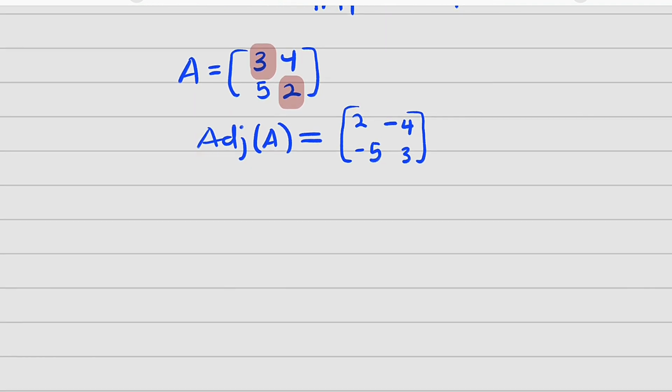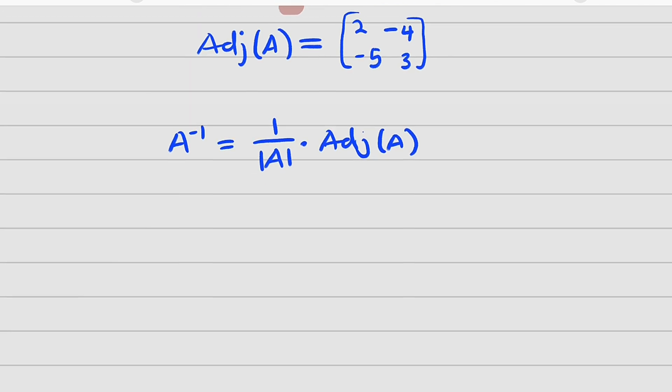But remember, the formula remains A inverse equals 1 divided by the determinant multiplied by the adjoint of the matrix A. So let's substitute.